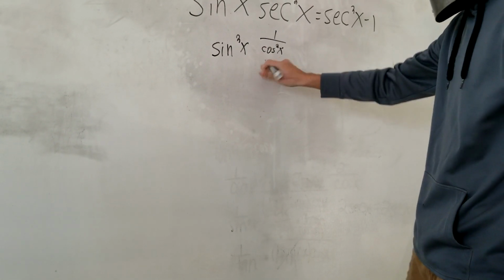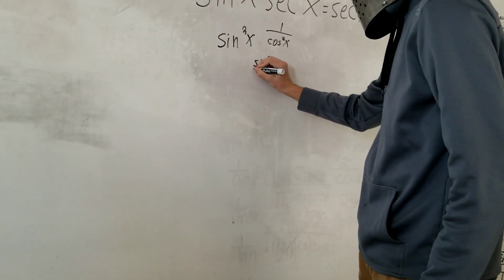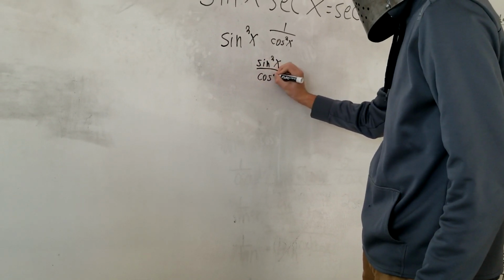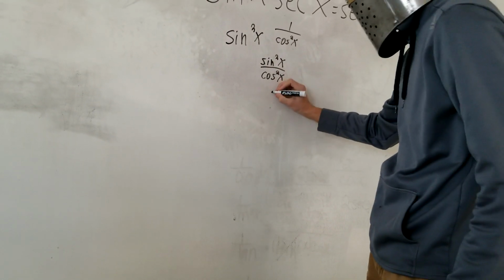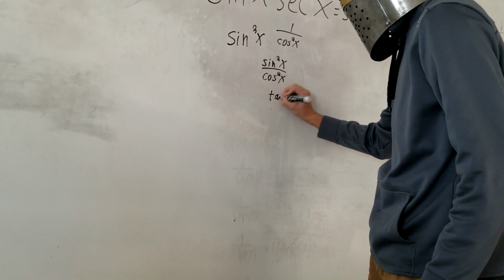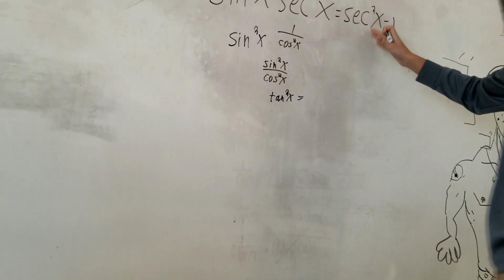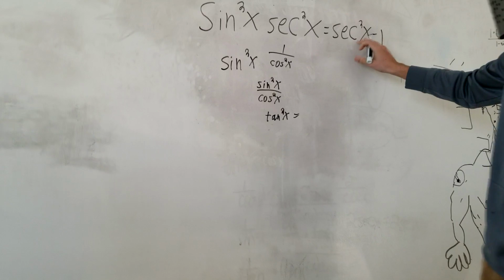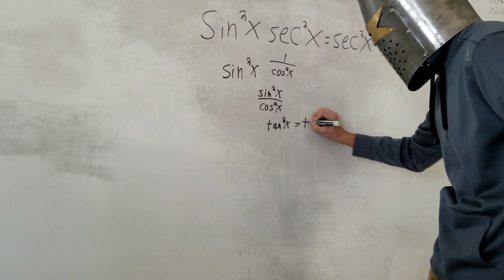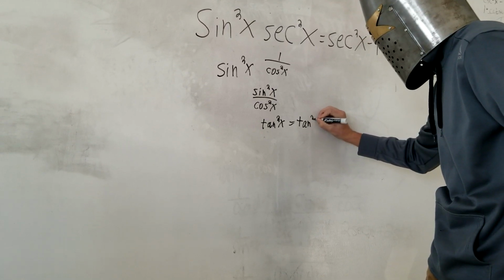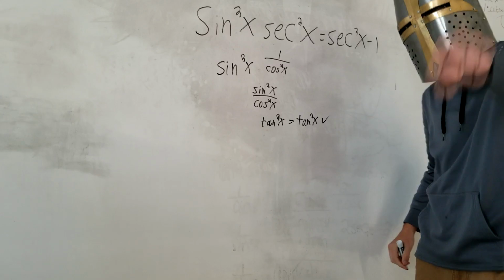Now, if we combine these two, it will give us sine squared x over cosine squared x, which we can now make into tan squared x. If we bring down the other side, secant squared x minus 1 also equals tan squared x. I have solved your problem, math magician.